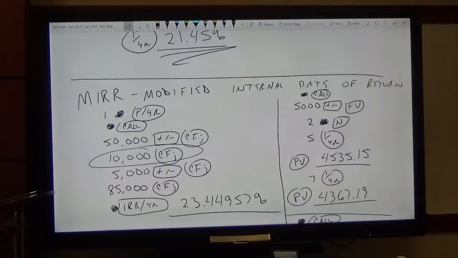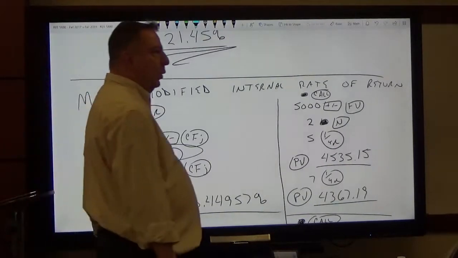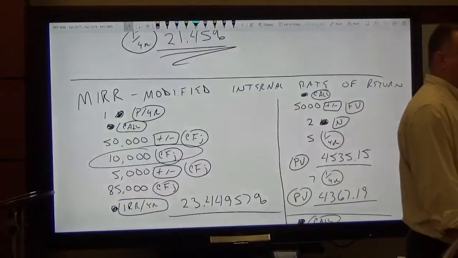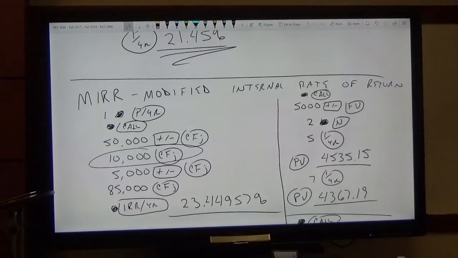Okay, so now, your question over there somewhere? Just in your life, what would the reinvestment rate represent? The reinvestment rate is kind of like your opportunity cost. What other alternative opportunities do you have, and what are those opportunities yielding? In other words, where are you going to take your excess proceeds?